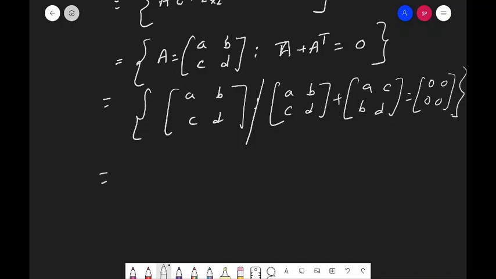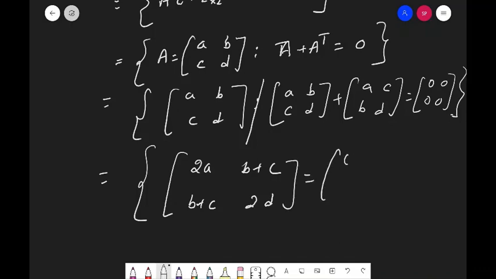So we have the set containing, on adding these two matrices, 2A, B plus C, B plus C, 2D equal to 0, 0, 0, 0, where A, B, C, D are real numbers.